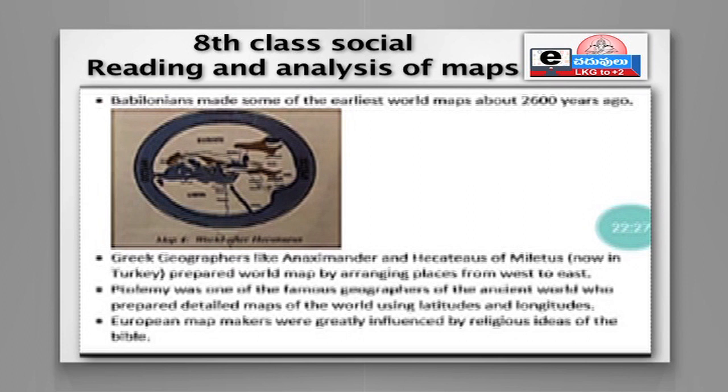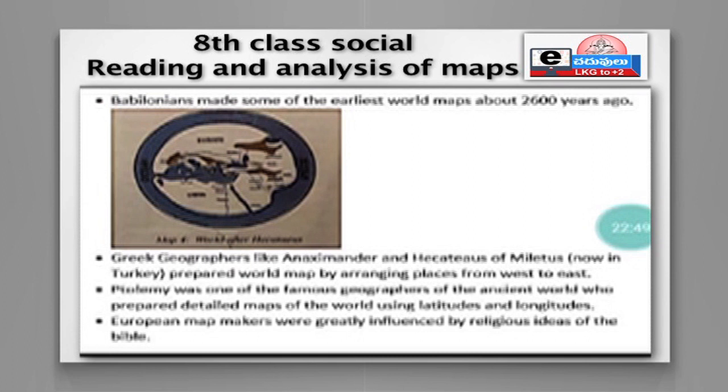Thus, on the map of Asia, you can see India shown as much smaller, as small as Sri Lanka, as the sailors were more familiar with it. So these cartographers took the help of the travelers, the sailors who went to different places for trading.